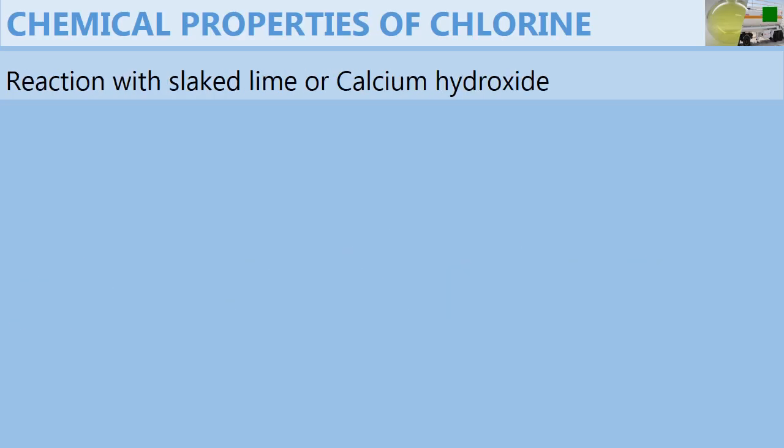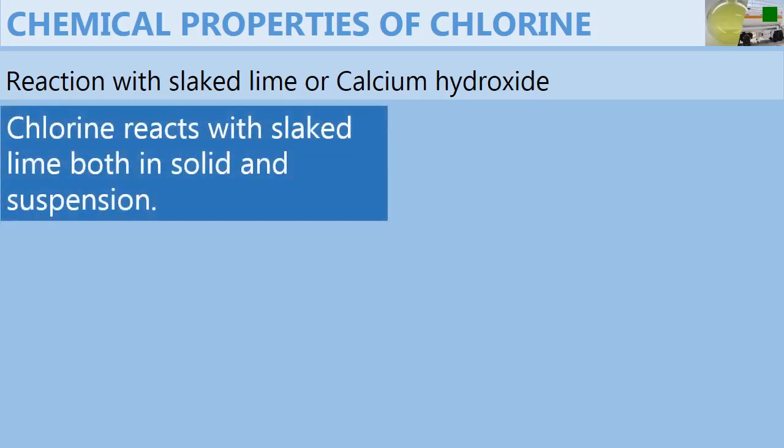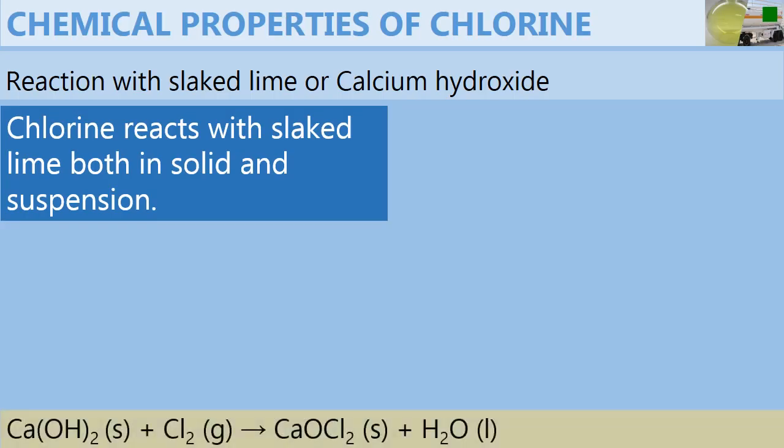Next we have the reaction with slaked lime or calcium hydroxide. Calcium hydroxide is also an alkali. It reacts in a unique way. So chlorine can react with slaked lime both in solid form and in suspension form. The equation is represented as follows.